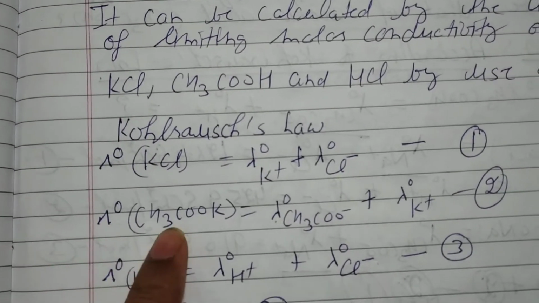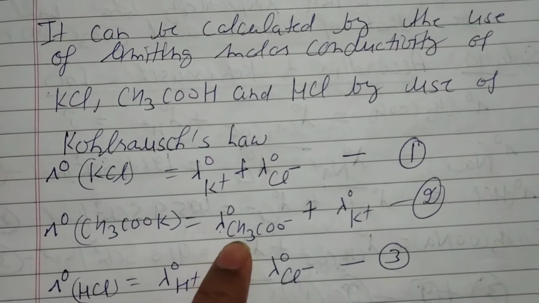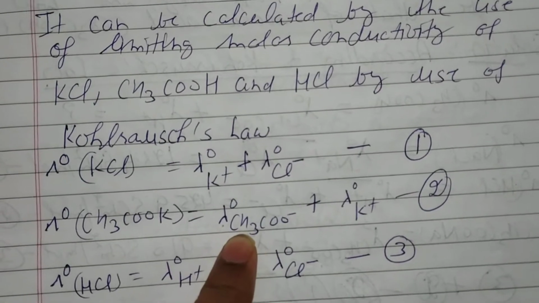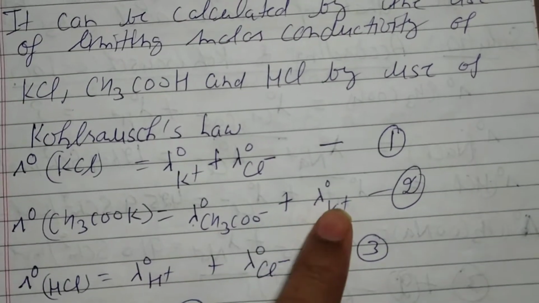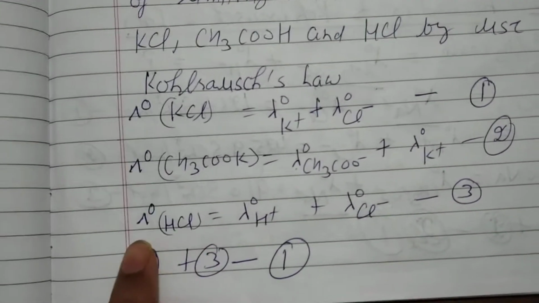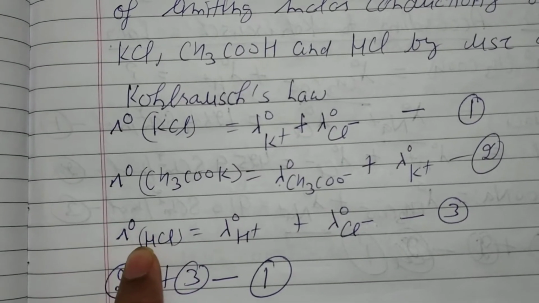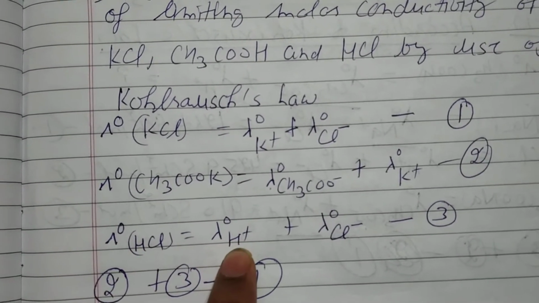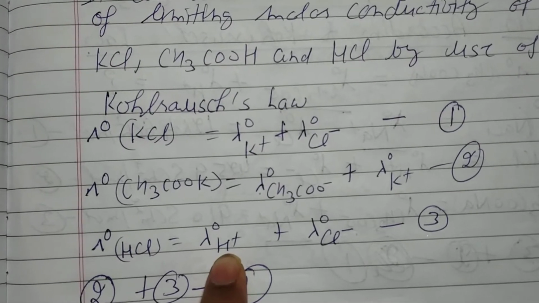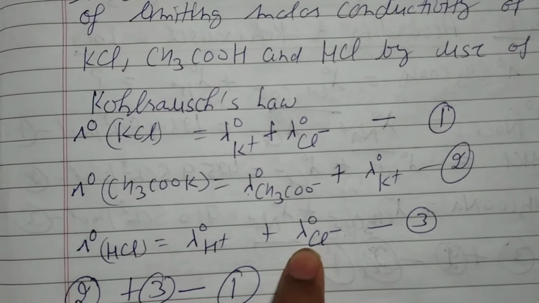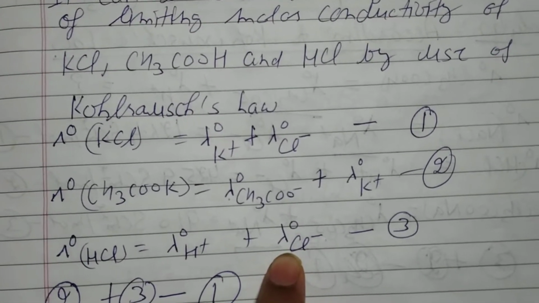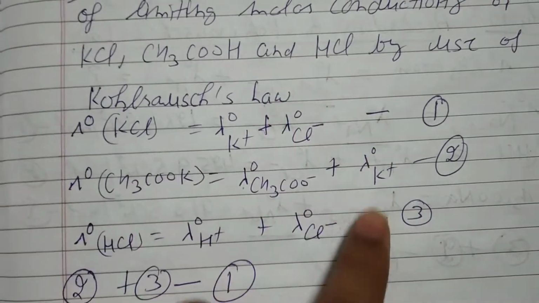Similarly, limiting molar conductivity of CH3COOK is equal to the ionic conductivity of CH3COO negative and limiting ionic conductivity of K positive. Limiting molar conductivity of HCl is equal to the limiting conductivity of H positive and limiting ionic conductivity of Cl negative. So we have 3 equations: 1, 2, 3.